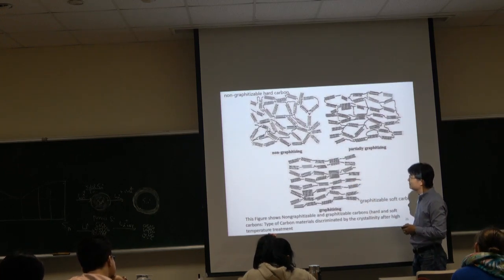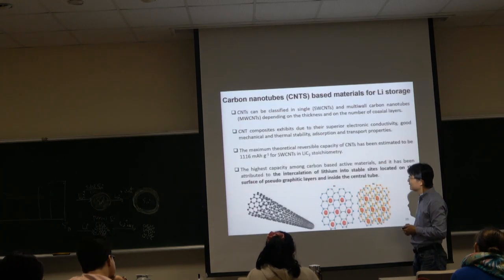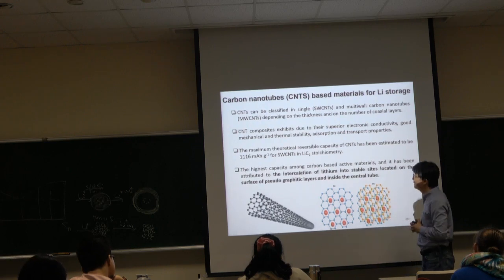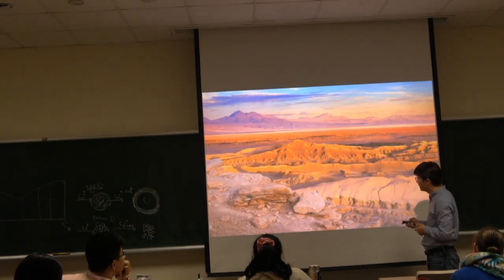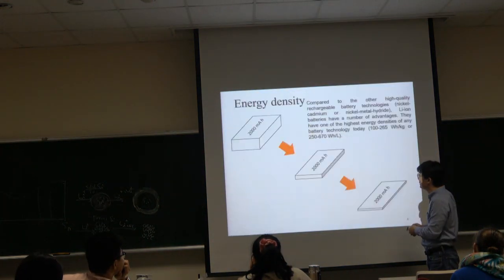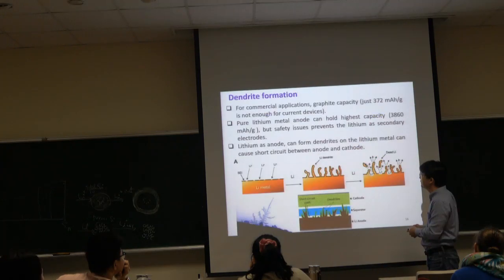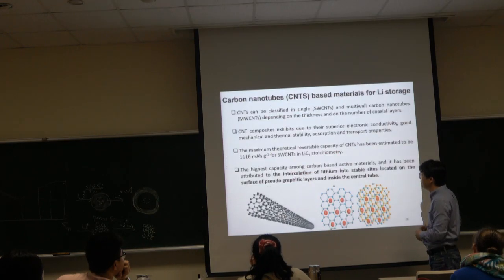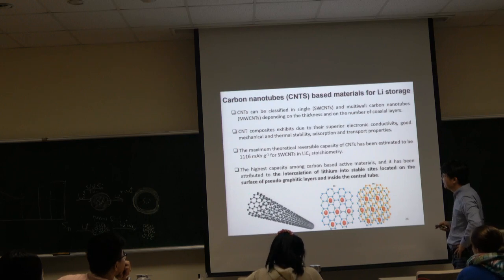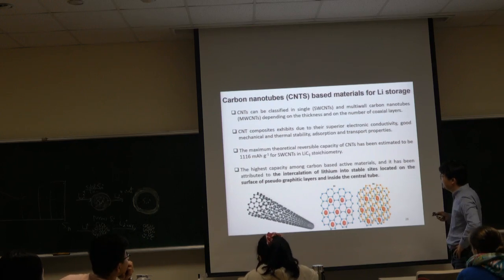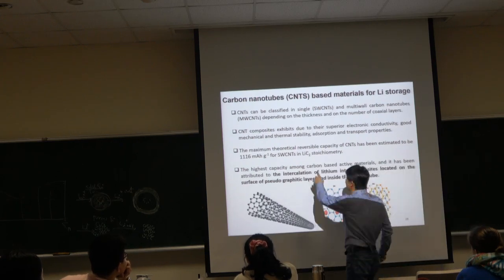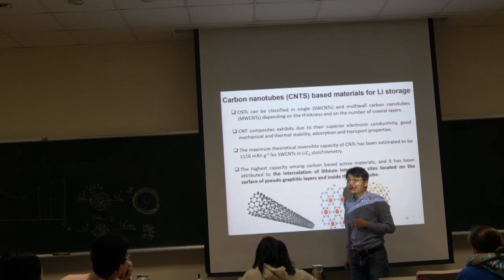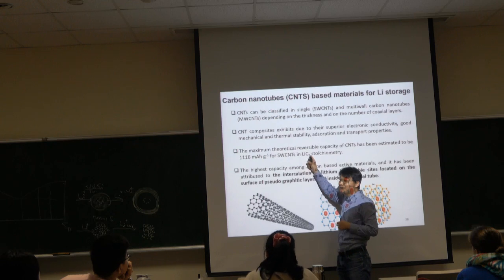But what about the nanotube? If you look at the carbon nanotube, you can see here the lithium, LiC2, accommodates 2 carbon, compared to graphite, LiC6, which accommodates 6 carbon.